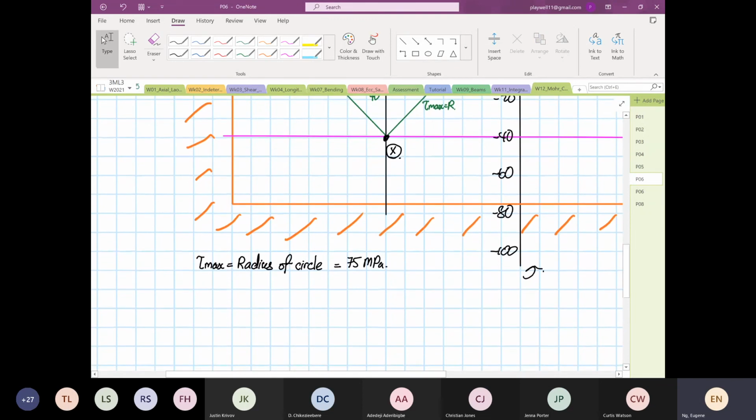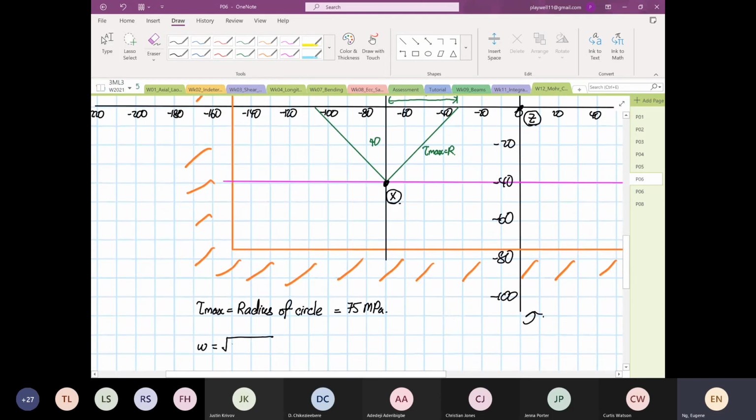Omega is equal to the square root of 75 squared minus 40 squared. Square root the whole thing. It's equal to 63.443 megapascal.